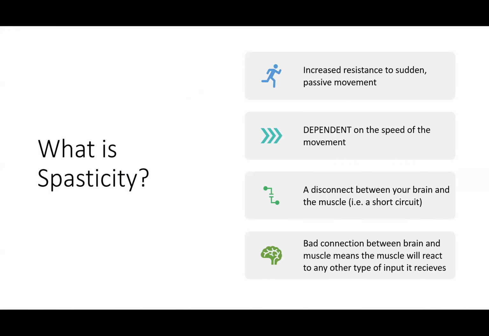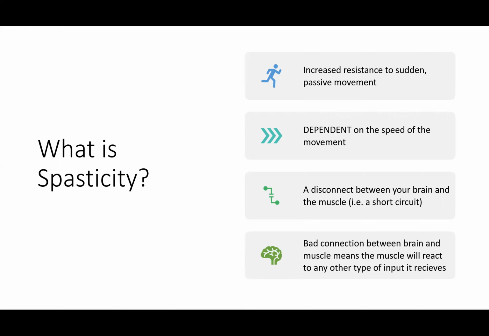So too much resistance to stretch, and too much reflex, so too much being turned on. An easy way to think of it is increased resistance to sudden or passive movement, and spasticity is dependent on the speed of the movement. Like I just specified, tone does not change with speed of movement, but spasticity does.